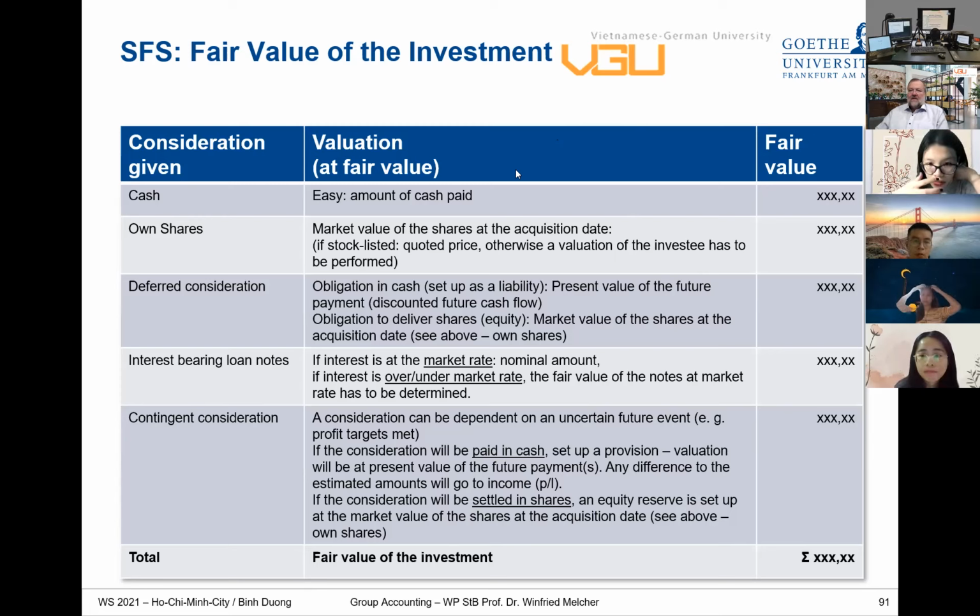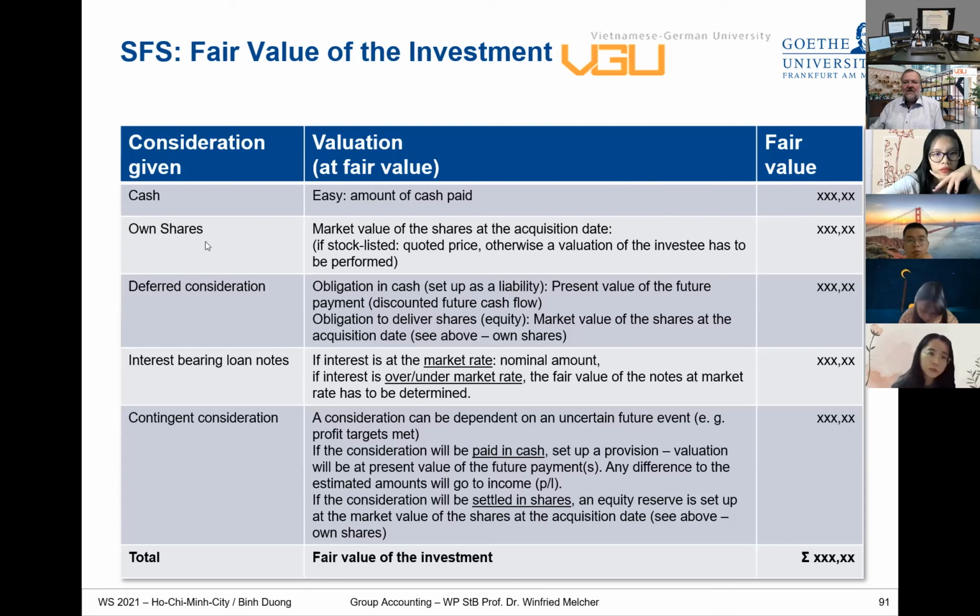Now, you have to value these things. And I think cash is easy. You just look at the bank account and you see what you have paid for that, and you put it as a component of your fair value in the last column. So that's easy, just the amount that you paid.